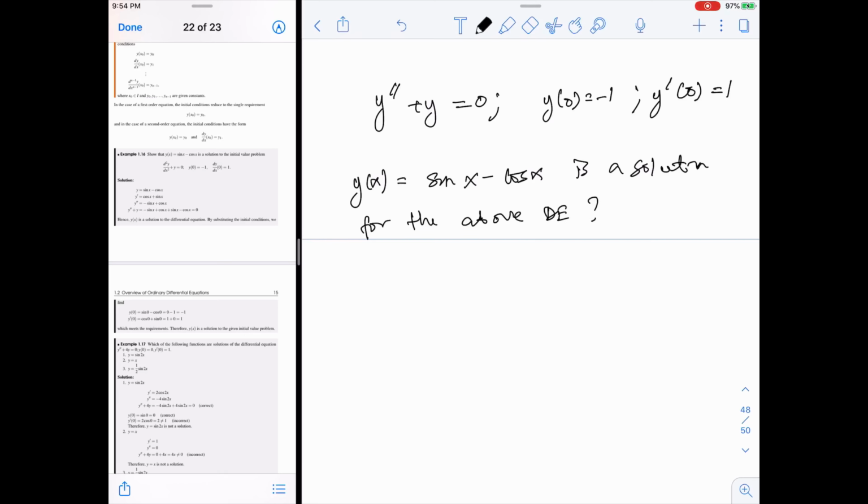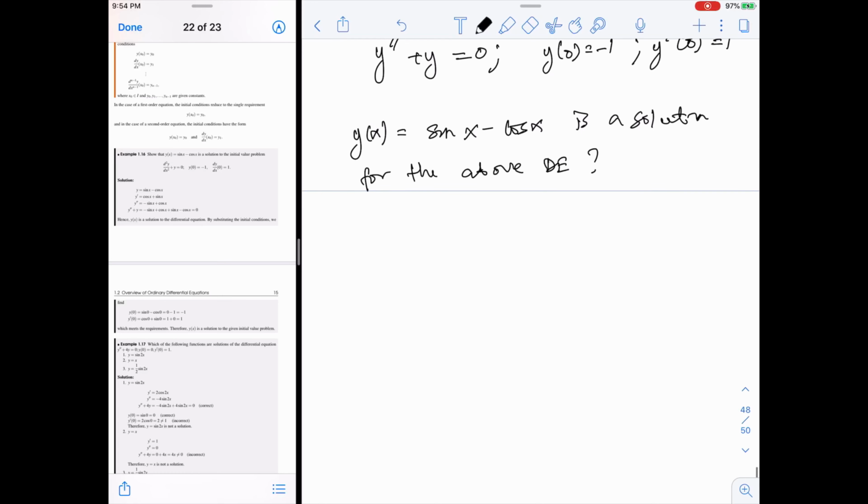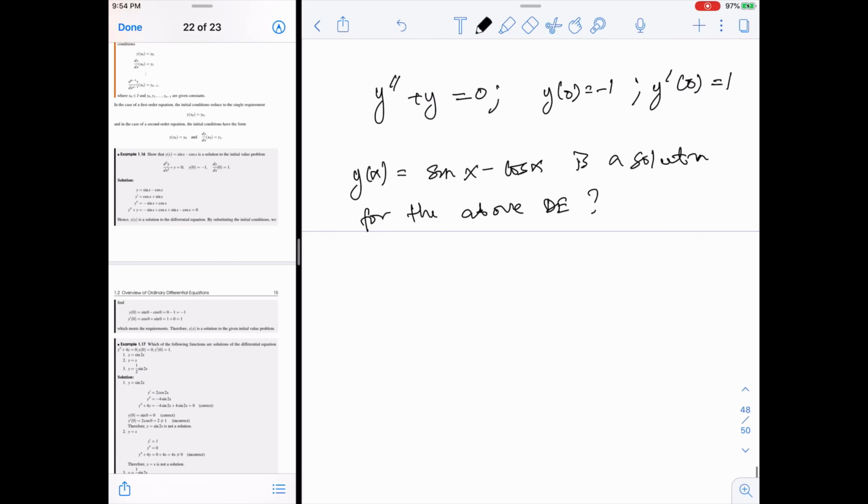So you need to test. In a similar way to the previous example, what you need to do is check whether the right hand side is equal to the left hand side, and then you also need to check this condition and also this condition. So you have 3 tasks to do.